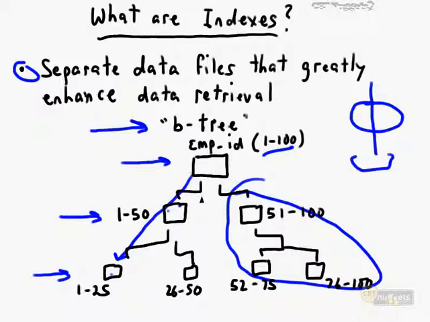Now, obviously, that's going to involve a big speed increase because normally what happens when a relational database system does query retrieval without an index, it performs what's called a table scan or a row scan.